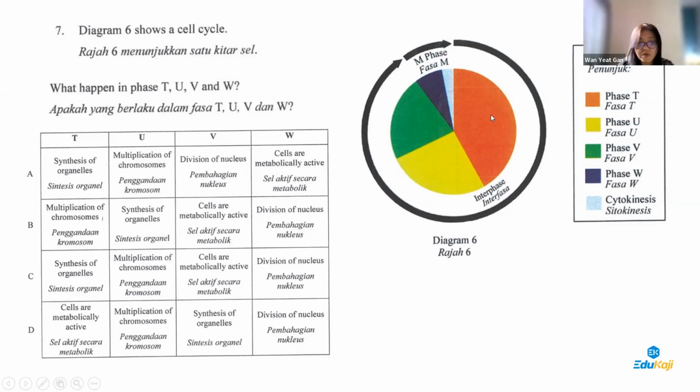So for T, which is G1, is the time where the synthesis of organelle takes place, right? So it can either be A or C. The second phase, phase U, is the duplication of chromosome. So it can be A or C again. The third phase, phase V, is the time when the cells remain metabolically active. So this is the G2 phase.